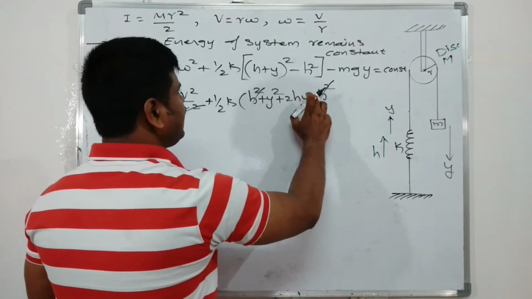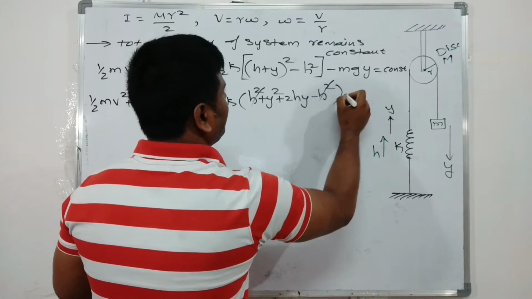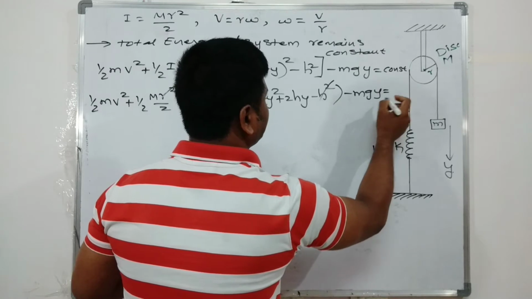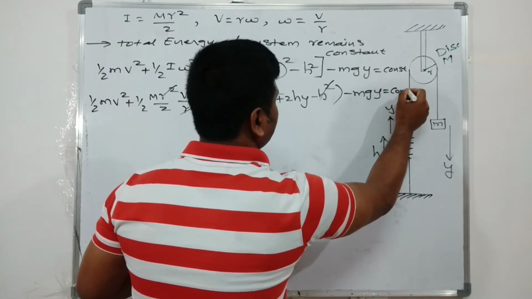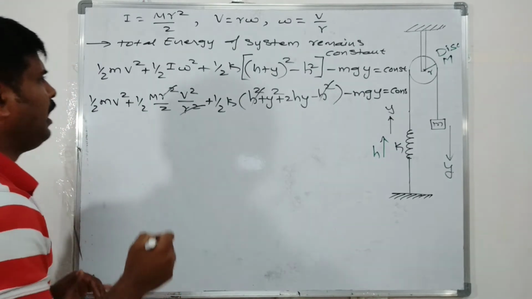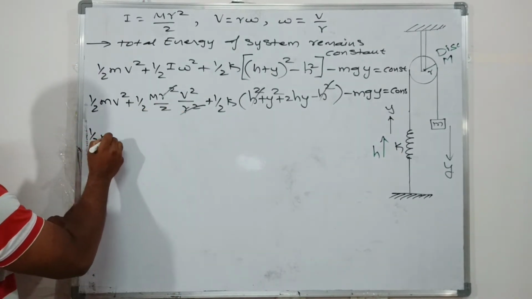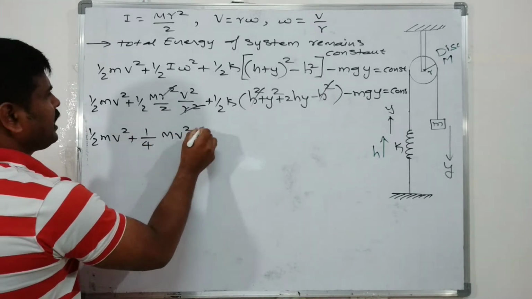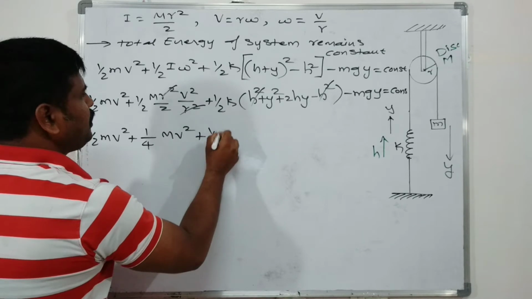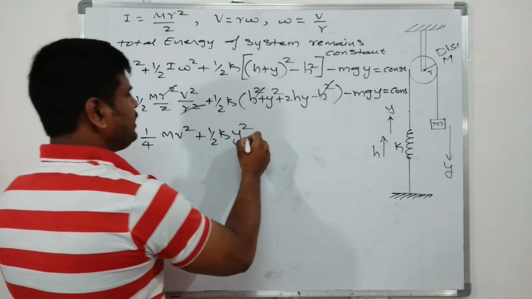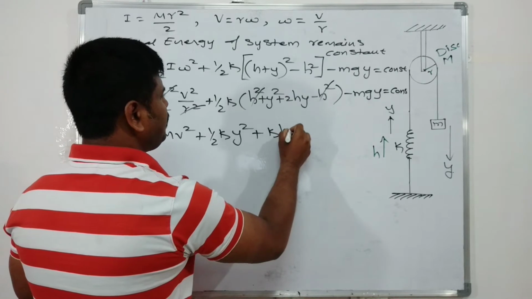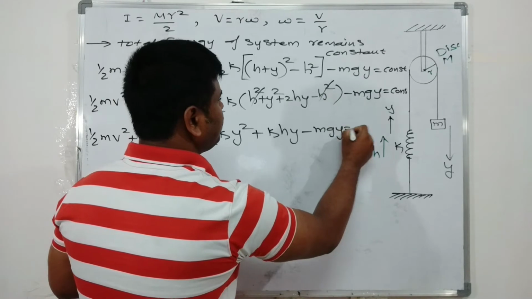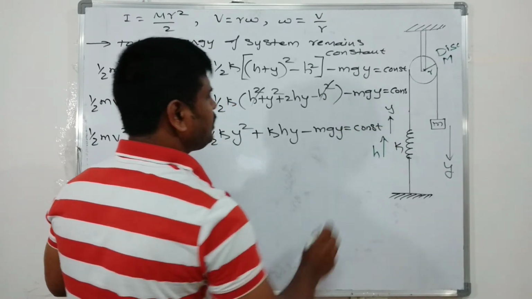The h square terms get cancelled, minus mgy, which is equal to constant. Continuing the derivation: 1 by 2 m v square plus 1 by 4 capital M v square plus 1 by 2 k y square plus k h into y, minus mgy, is equal to constant.